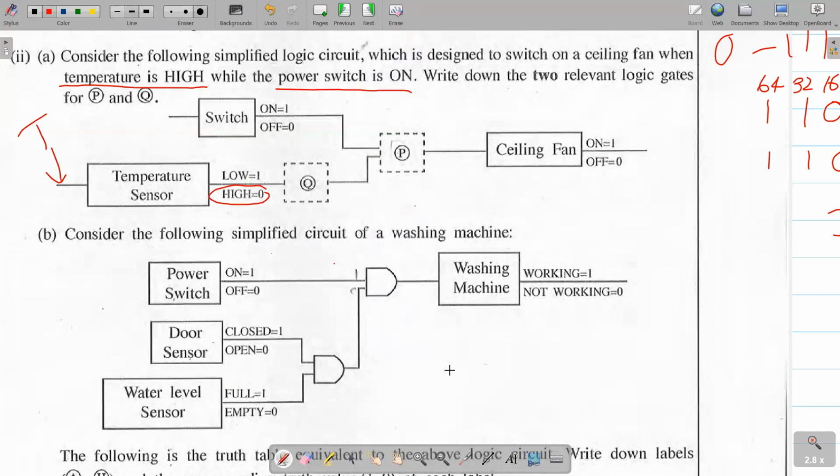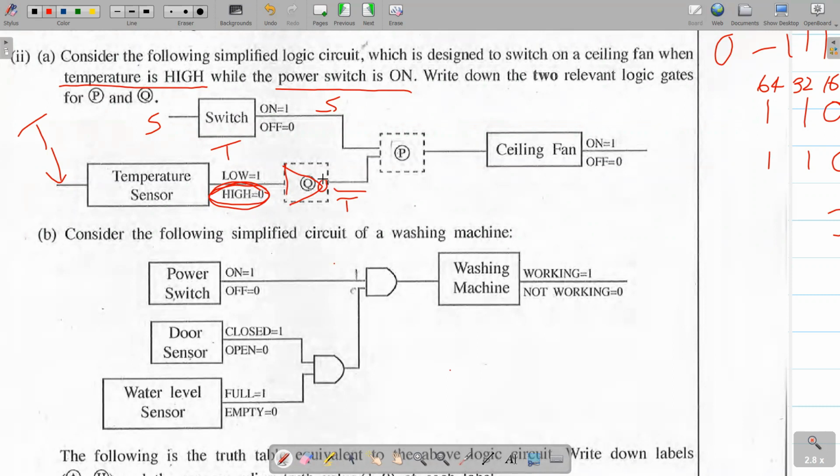And the switch should be in the on mode, so if this is S, this should provide S as well. The temperature sensor gives the signal T, but this needs to indicate a 0, so the signal T needs to be converted to the other side, that means T bar. To do that, we need a NOT gate over here.